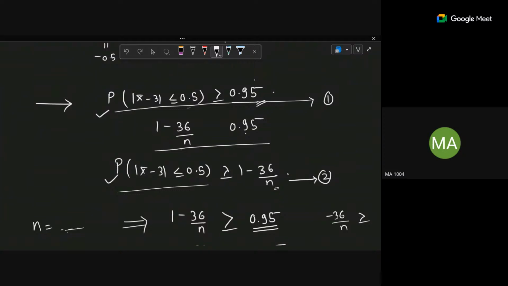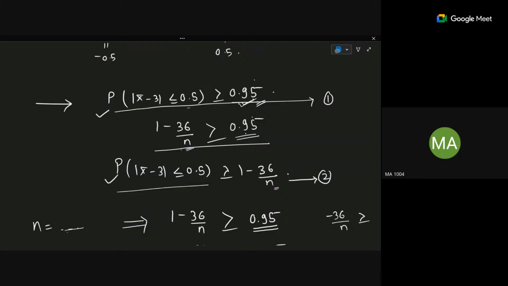It asked what is the minimum number of n such that the probability should be more than 0.95. So this is also a bound, this is also a bound, but I want this to be the lower bound of my probability. So I made it like this. Is it convincing or not? Still any doubt? No, ma'am. Okay.